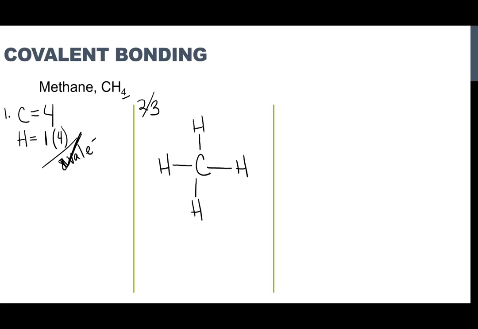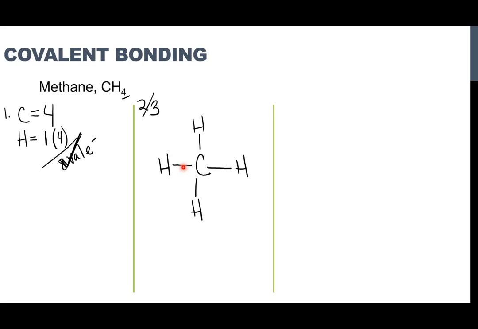Now I need to go back and just make sure that everybody's happy. So hydrogen, what is hydrogen happy with? Yep, he's happy with a duet. So he's got 1, 2, this guy 1, 2, this guy 1, 2, this guy 1, 2. So all the hydrogens are touching 2 electrons. What about carbon?